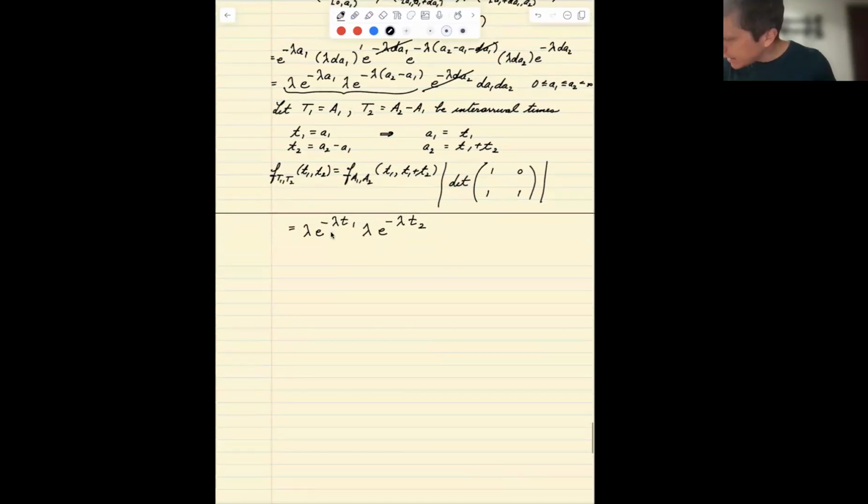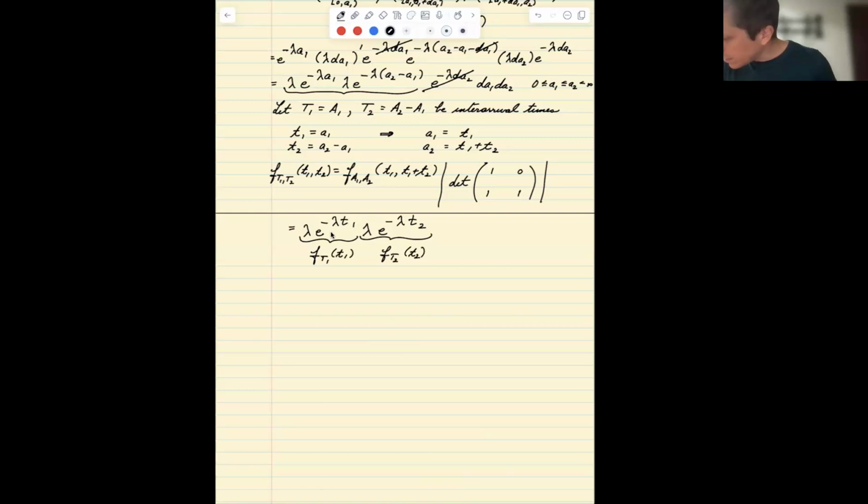It tells us this breaks up as a product of the marginal density of T1 and the marginal density of T2.